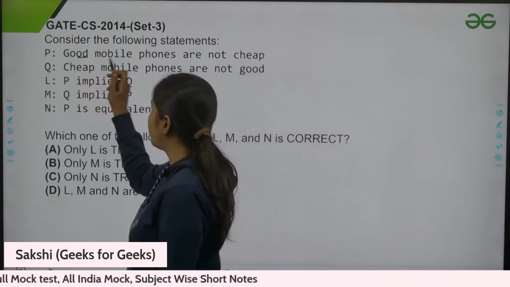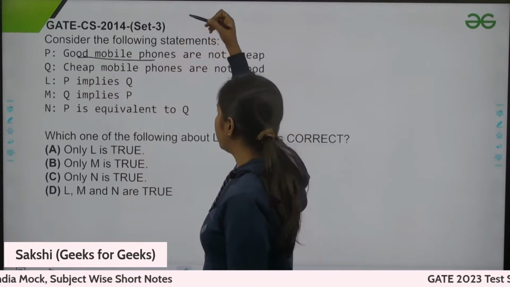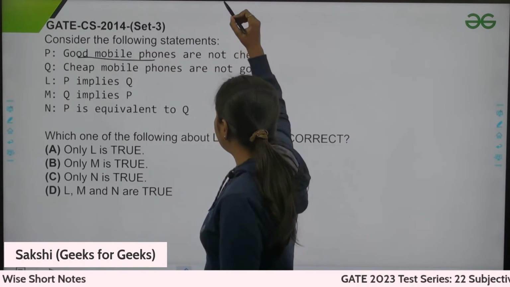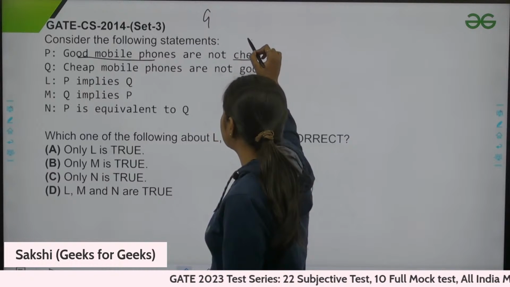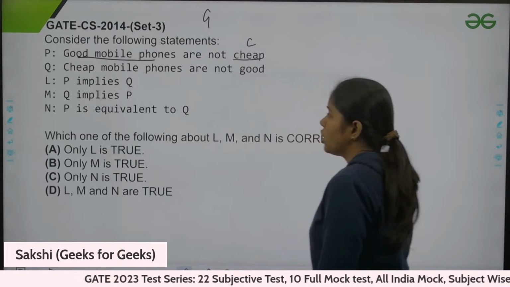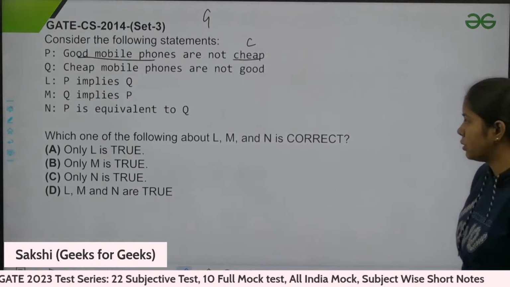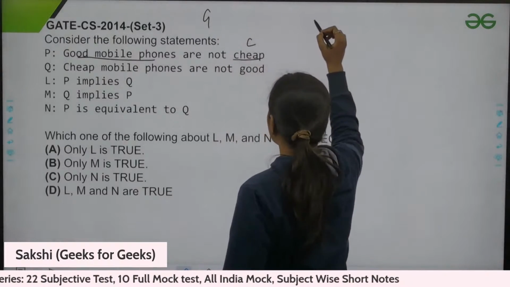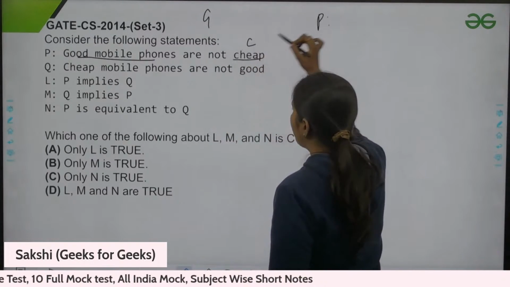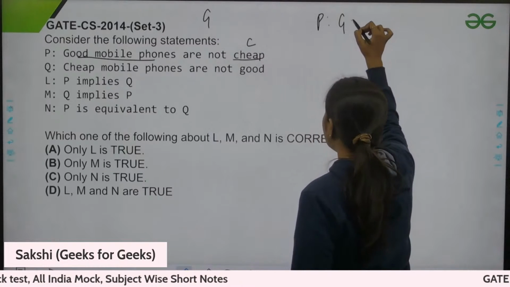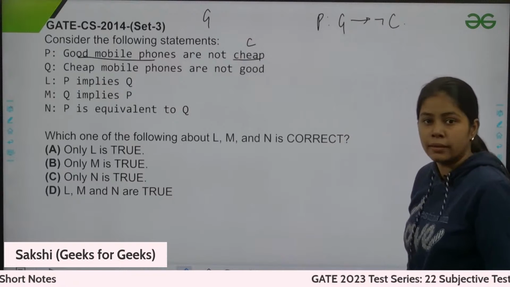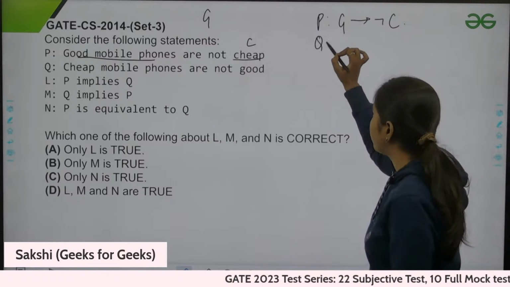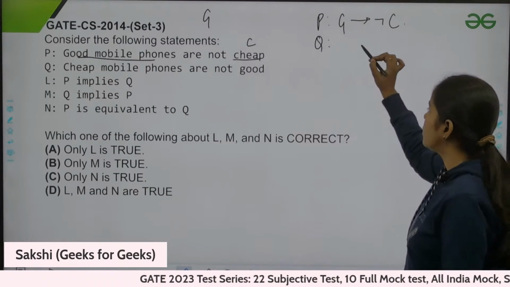Let's take good mobile phones as G and cheap as C. So the first statement P will be: if they are good mobile phones, then they are not cheap. That's how we'll write. Q statement is cheap mobile phones are not good.